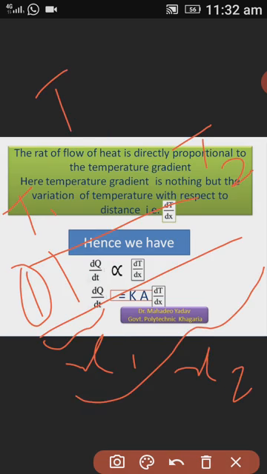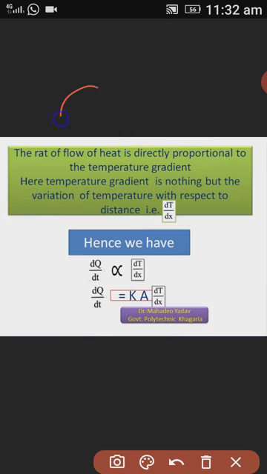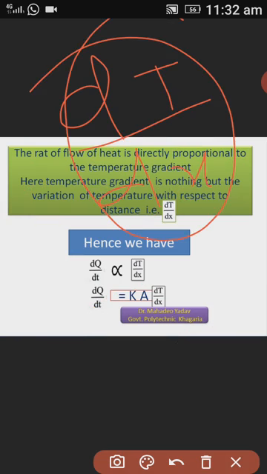Then T2 minus T1 over x2 minus x1 is dt by dx. This is the temperature gradient. What is temperature gradient? Variation of temperature with respect to distance.